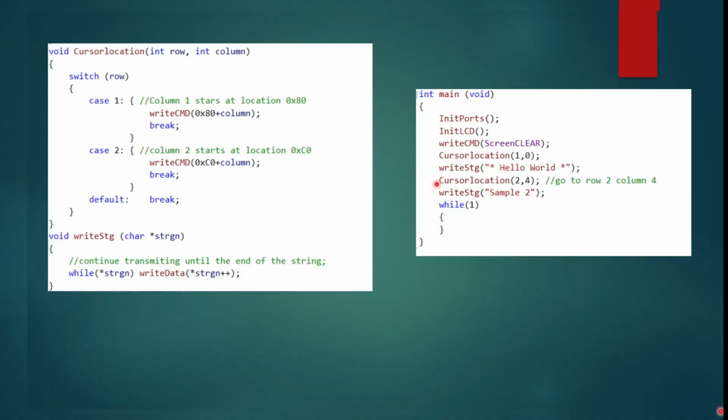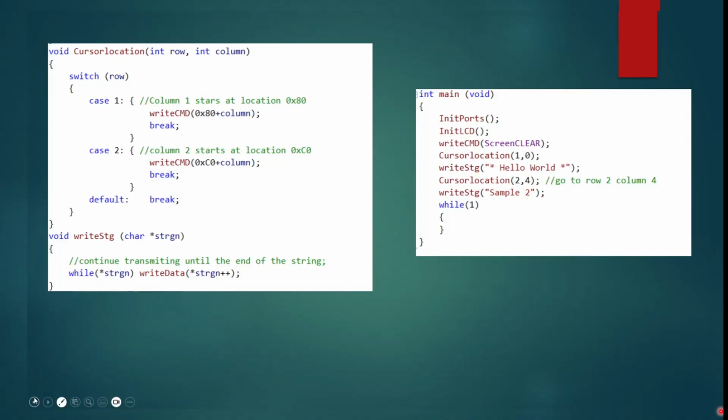Next, we send the command where we want the cursor to be located. That would be in row 2, column 4. Don't forget that we start counting the columns from 0, and then we write the sample text.